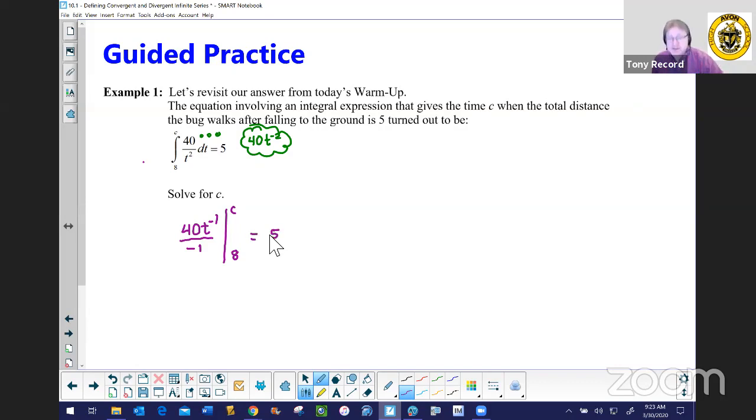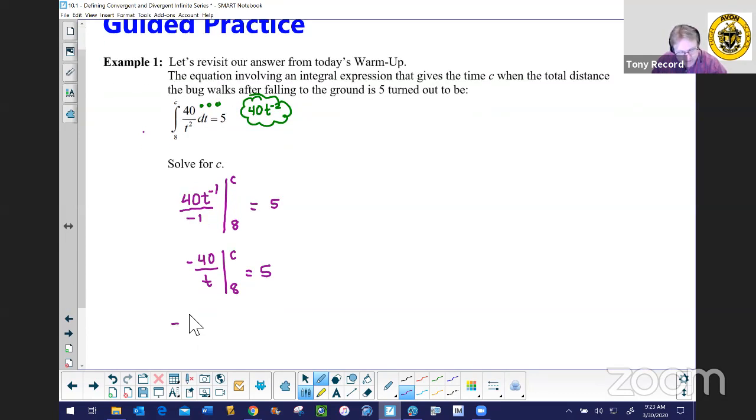Okay, well, the problem says solve for c, so we'll go ahead and do that. And we end up with negative 40 over t from c to 8. And we plug in our c for the value of t, subtract. We do the same thing and plug in our 8 for t.